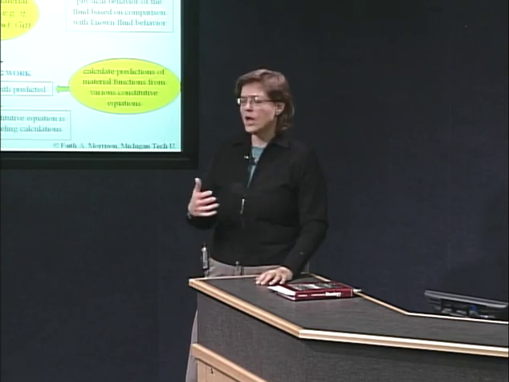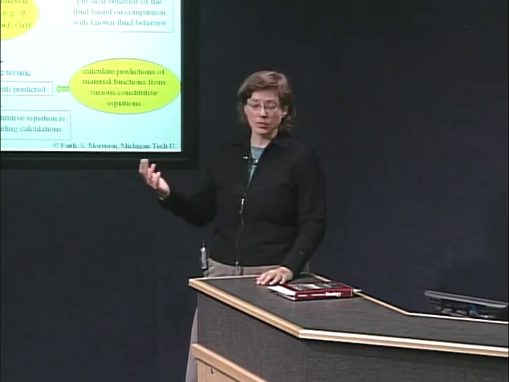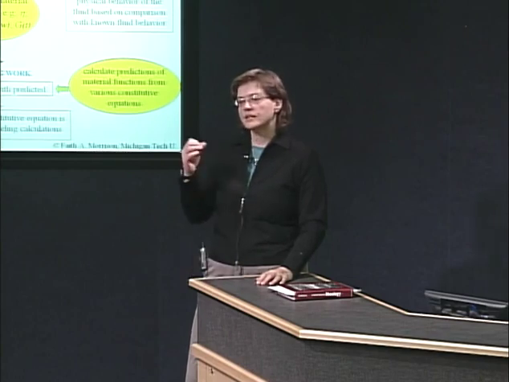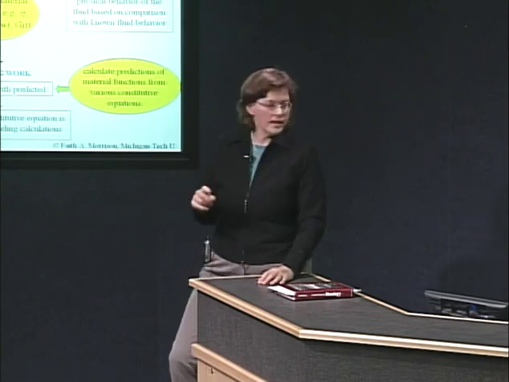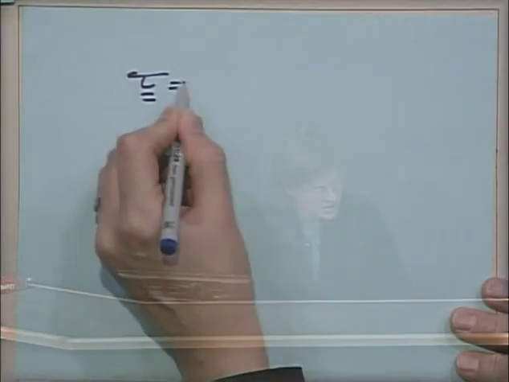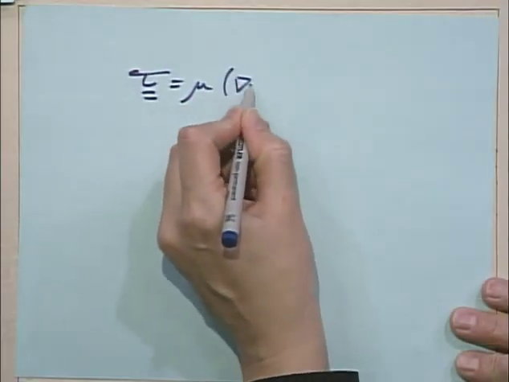So there's more material functions than viscosity, and we're just going to go through them. But we're also going to use them to test constitutive equations. So the one constitutive equation we have is the Newtonian. So this is our only constitutive equation, and we know it doesn't work for most polymers.